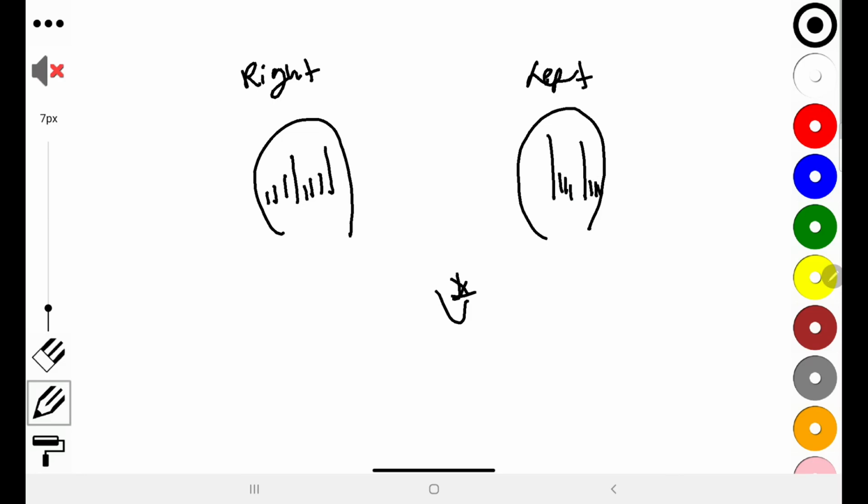If they're in this form and you move that way, it means that you're moving the cupula to this side and this side. So you're going to have action potentials here and hyperpolarization here, to detect that movement is from here to there.